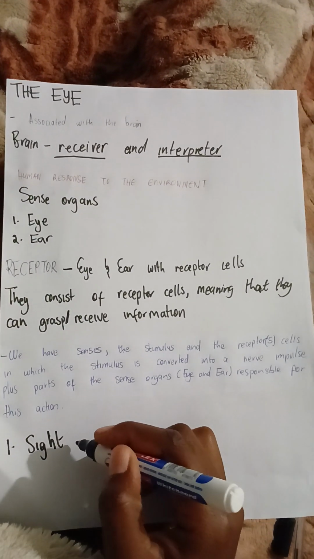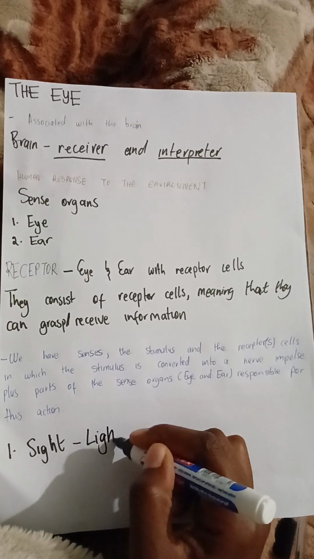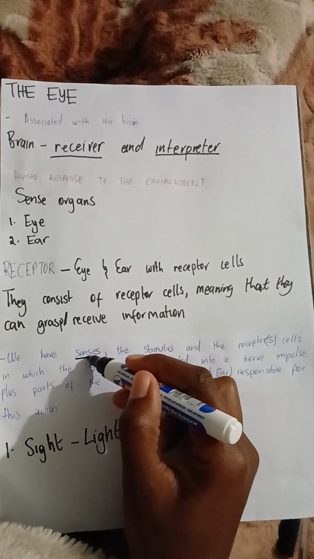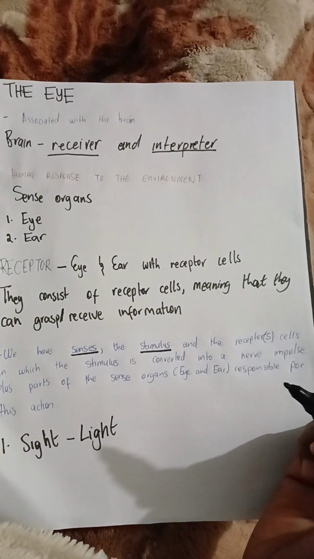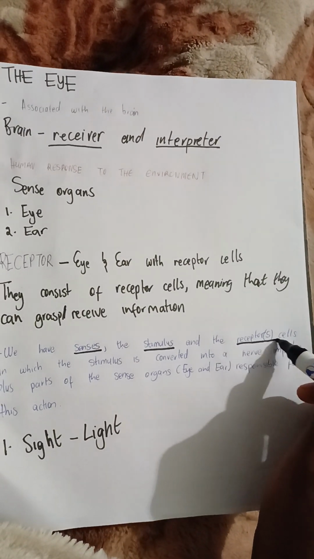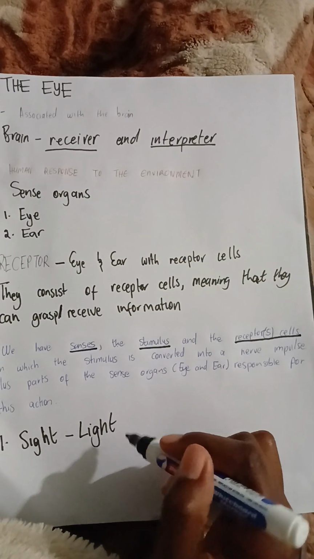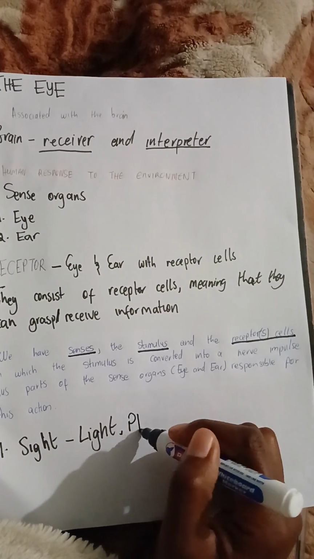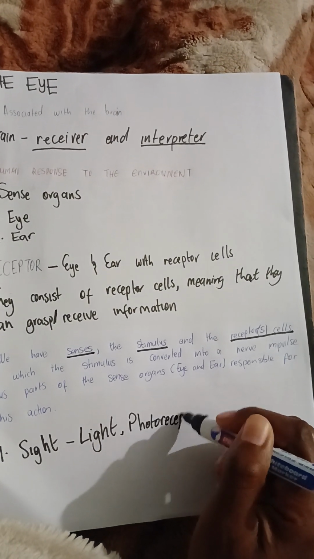Now listen, so this sight has a stimulus of what? Of light. So we have senses, right? The stimulus, right? And the receptor cells. So what receptor cells do we have? These receptor cells are called the photoreceptors, right?